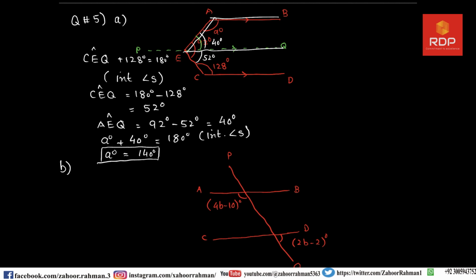Now we are turning our focus to the second part of this question, and in this we have to find the value of B, because they gave us that there is one angle which is this one, and that is (4b minus 10) degrees, and the second one is this one, and that is (2b minus 2) degrees.